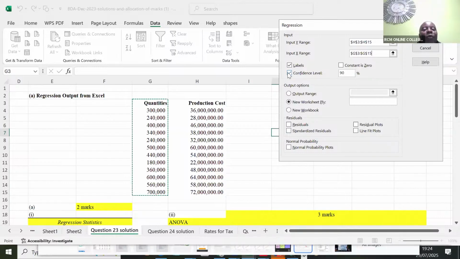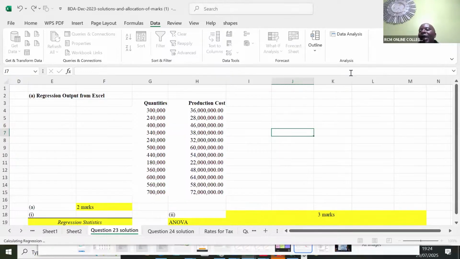You shall work with what the examiner has told you to work with. If the examiner is silent, we should always work with 95%, because in mathematics, unless we are told, we always assume that the level of significance is 5%. And that is it, nothing else. You simply say okay.